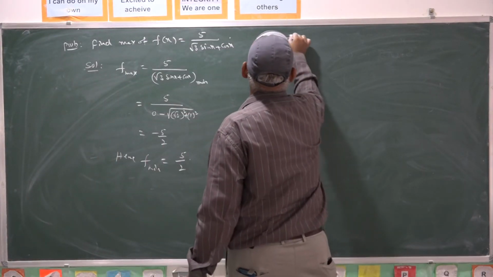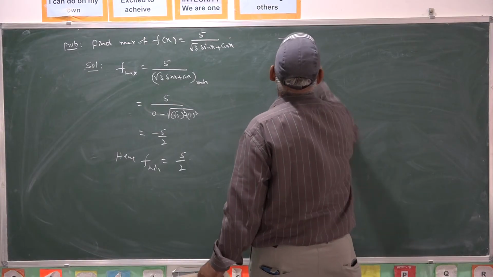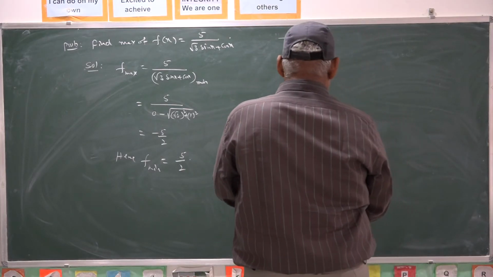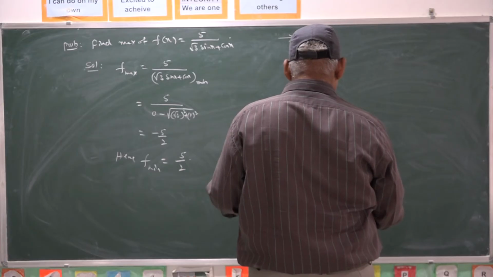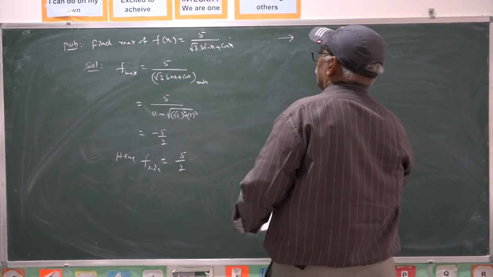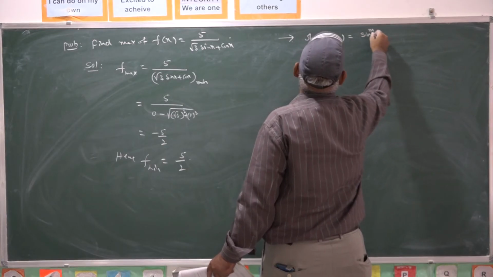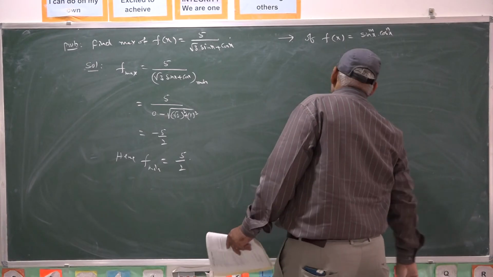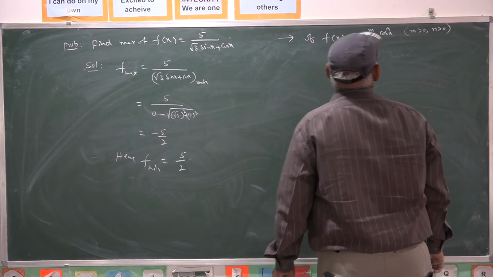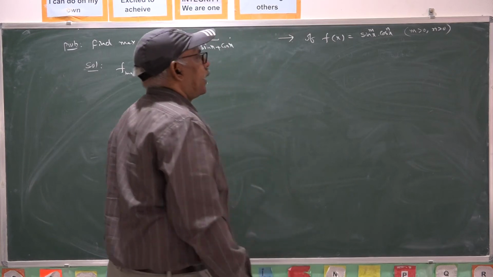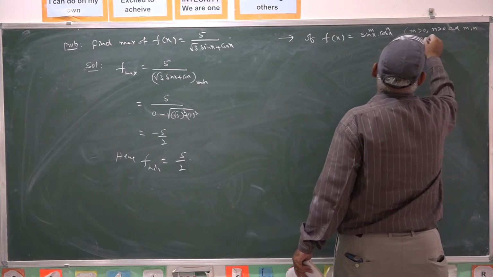Next point, this is one important one. For trigonometric functions, if f(x) equals (sin x) whole power m into (cos x) whole power n, where both m and n are positive integers.